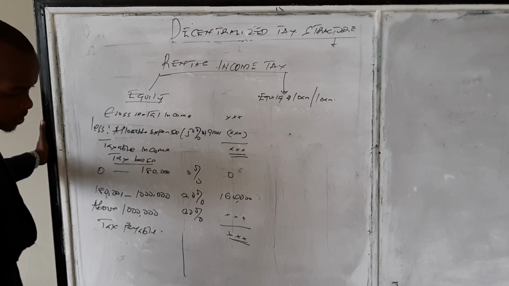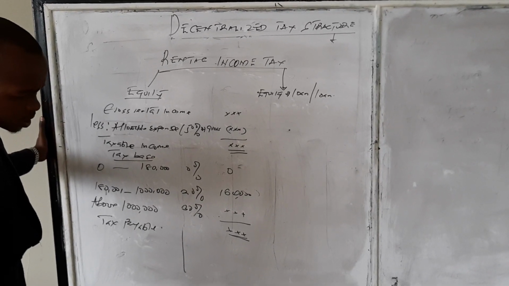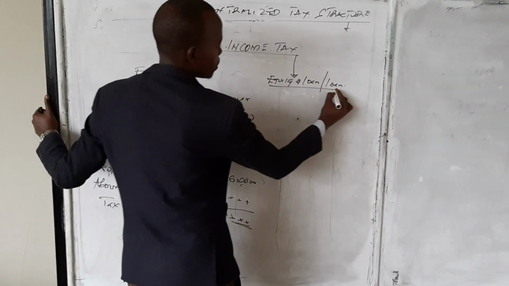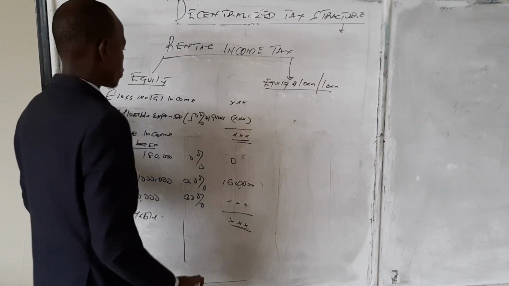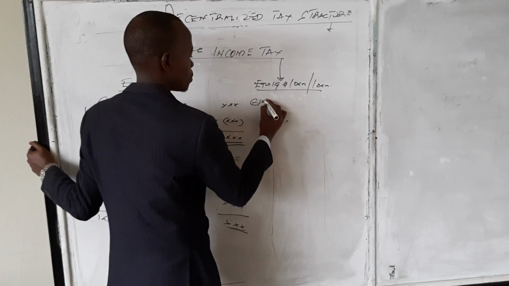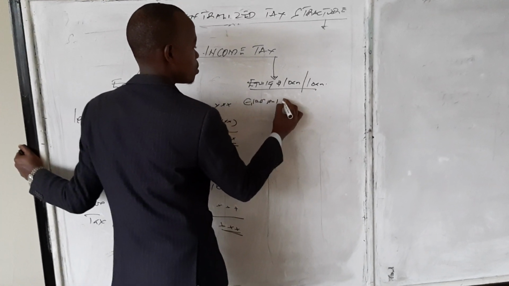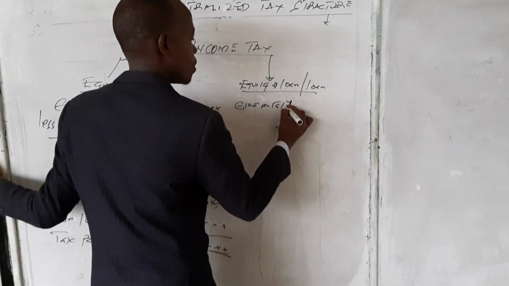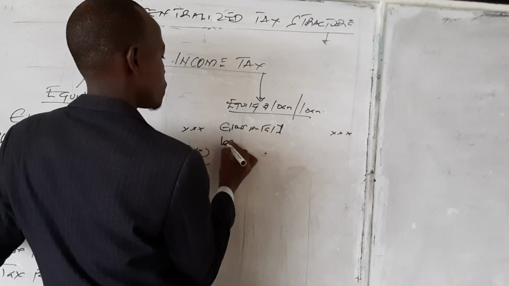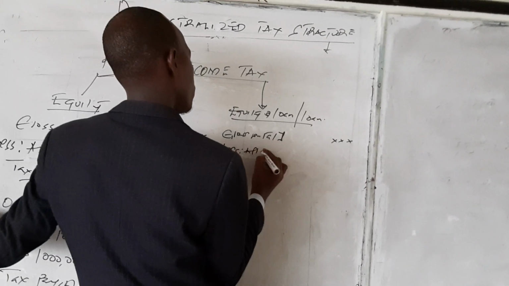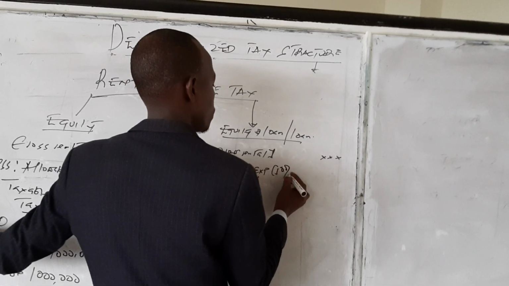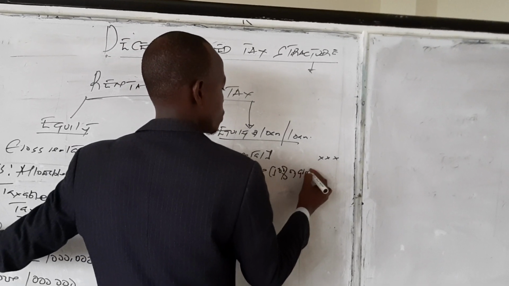On the side of the equity and loan here, it is also the gross rental income. You put your figures here. You less allowable expense of 50% of gross.